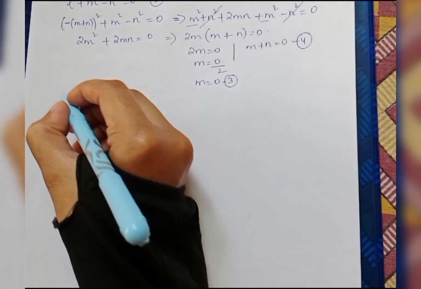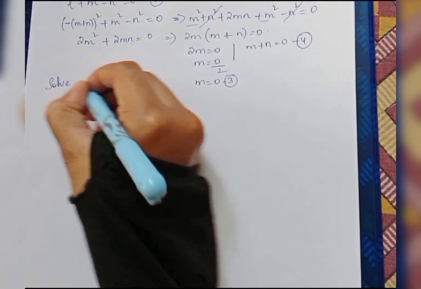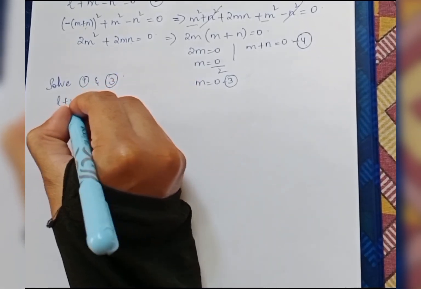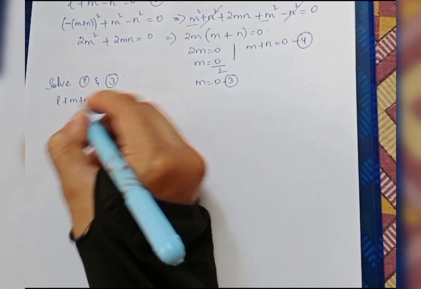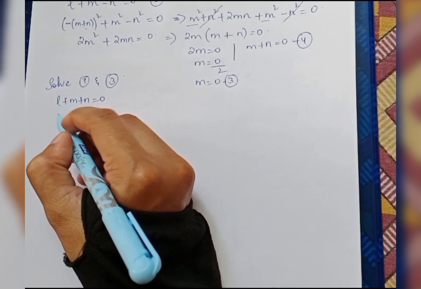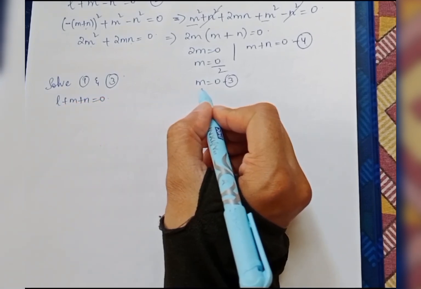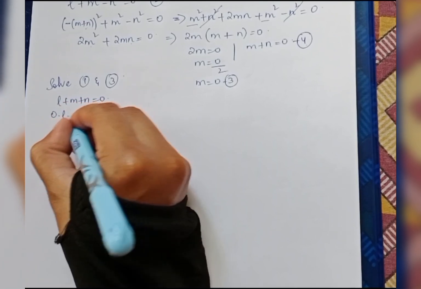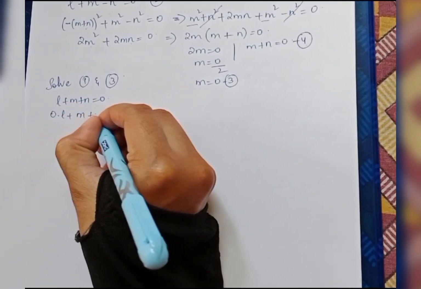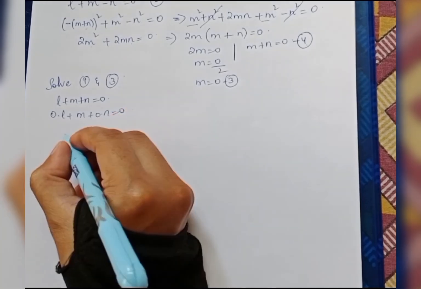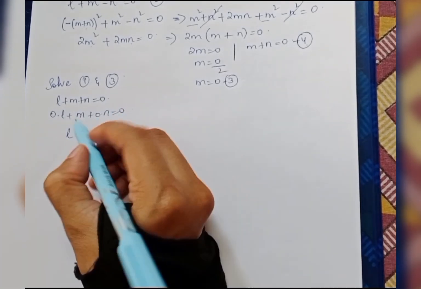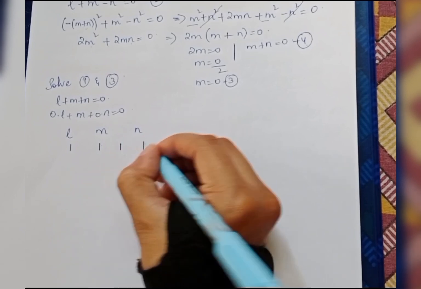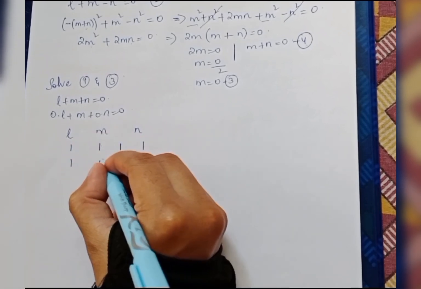Solving the first equation and 3. The first equation is l plus m plus n equals 0, and the third equation has only the m coefficient, l and n are 0. So 0 into l plus m plus 0 into n equal to 0. So it is l, m and n. Coefficient of m 1, n also 1, l also 1, and again m coefficient 1, n 0, l 0.